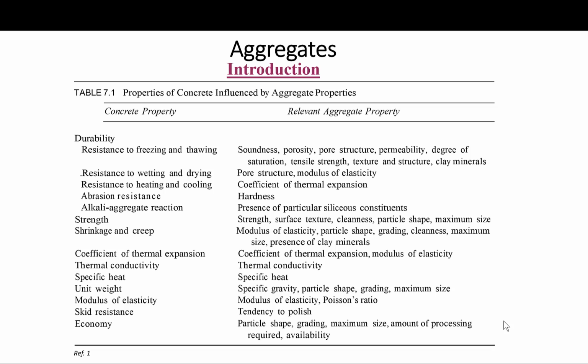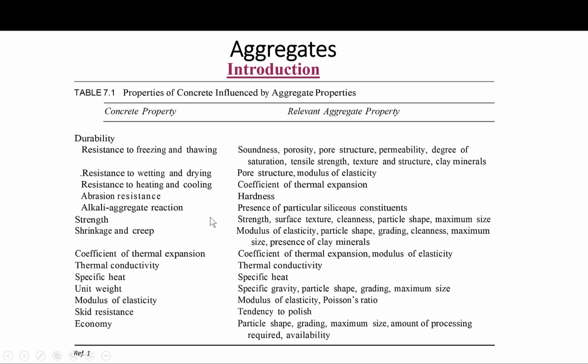As you can see in this table, it summarizes the properties of concrete influenced by the aggregate properties, such as durability, for example, resistance to freezing and thawing, and what is the relevant aggregate property that we should be looking for: porosity, soundness, permeability, degree of saturation, something like this.